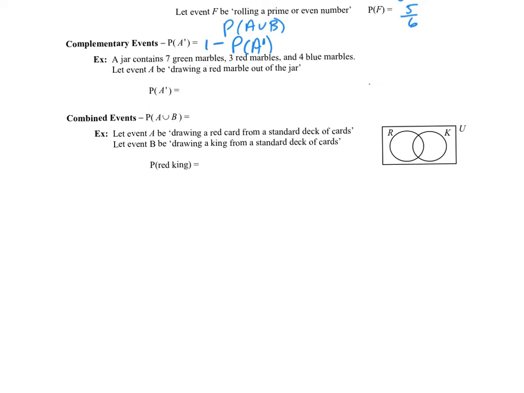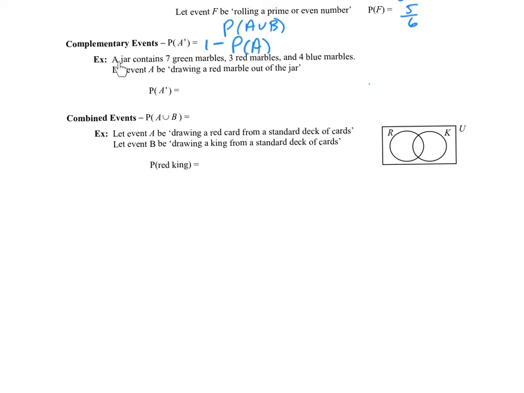So if we subtract the probability of A happening, we get the probability of A prime. I need to fix that: it would be the probability of just A, not A prime. There we go. So the probability of A prime is 100% minus the probability of A happening, and we call that the probability of A prime.